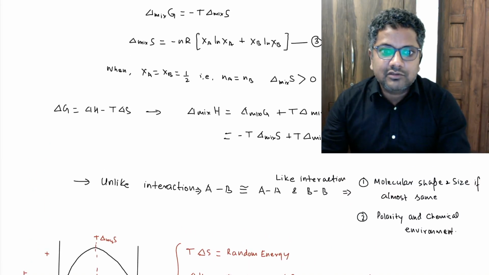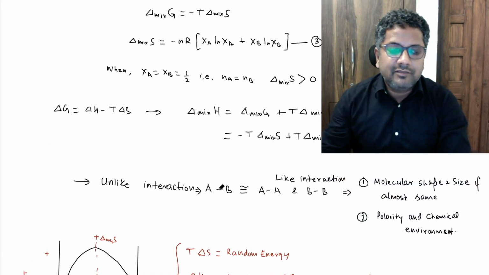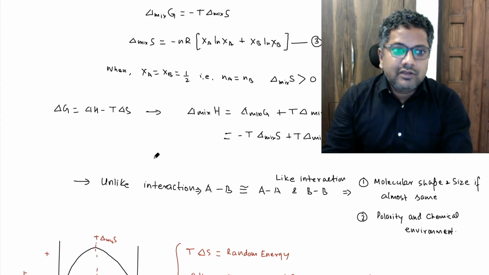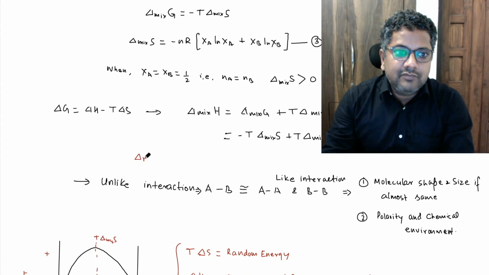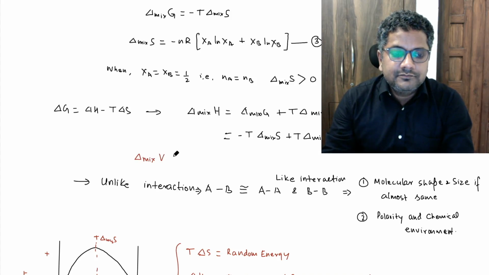And if all these things are valid, then there is one more thing, a fourth, because all are complementary. That delta V mixing is equal to zero.